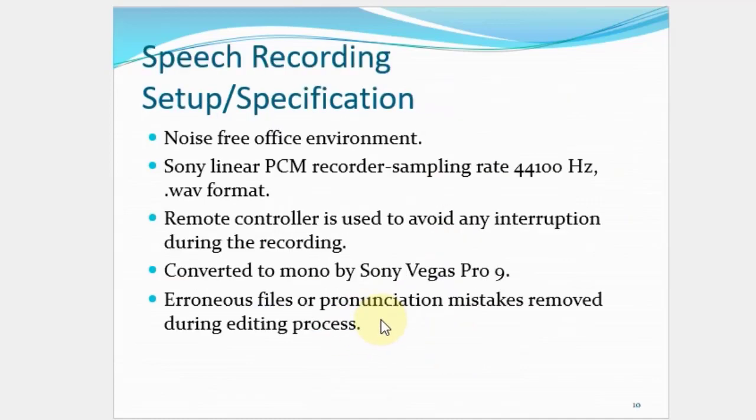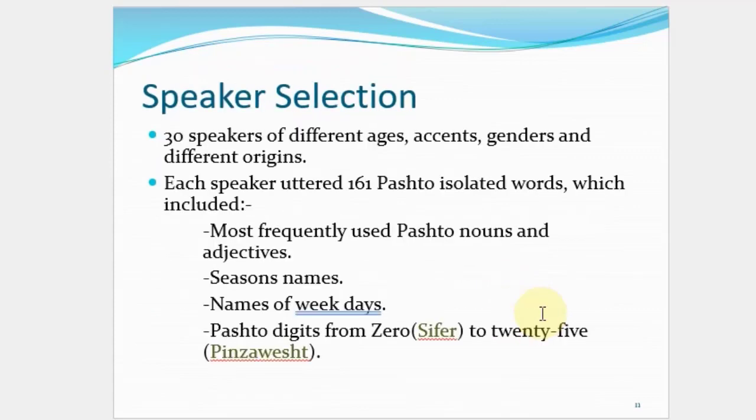Similarly, in recording it, as I have told you earlier, you have to select a noise-free office environment and a better recorder in order to get higher quality. Then you have to use some editing after it. Your speaker selection should be such that there is no biasing in terms of ages, accents, genders, or different origins.